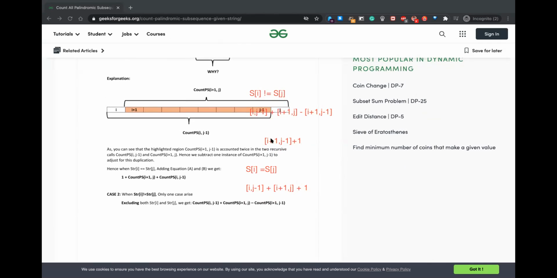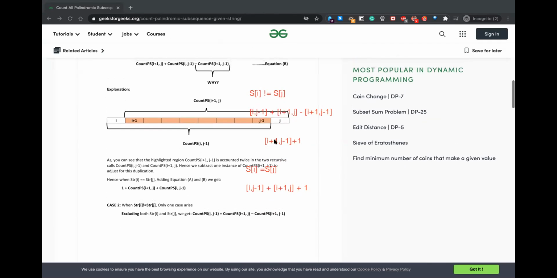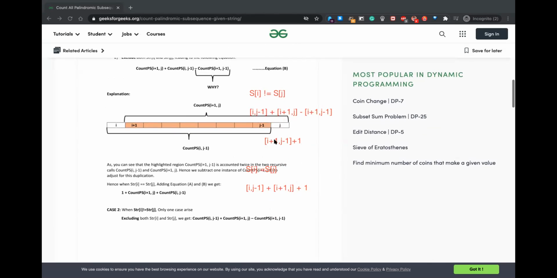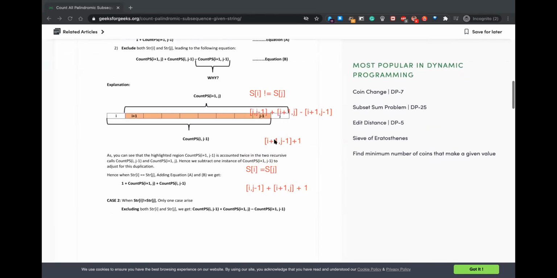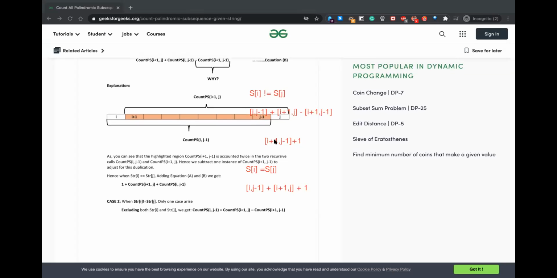So separately they are being counted as that 1, plus, as Uday said, when you pad these two, they can also lead to more subsequences considering you are finding from i plus 1 to j minus 1. So if you add the first and second one, you will end up with this, Si equal to Sj.